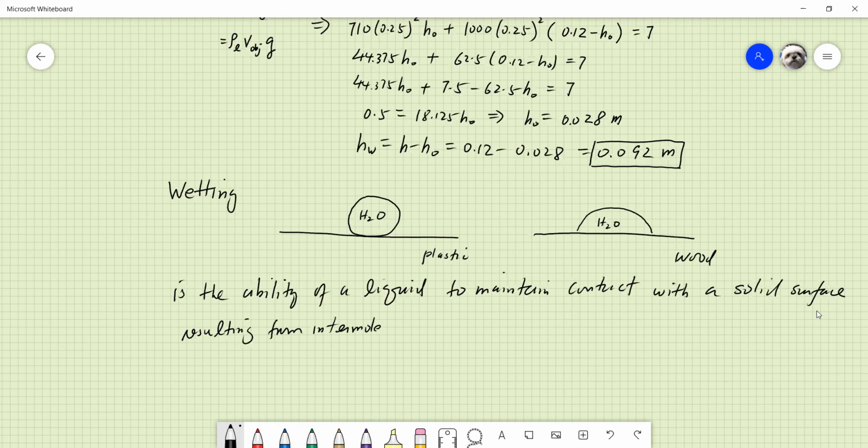It has something to do with the molecular interaction between the plastic and water, or between the wood and the water, right?